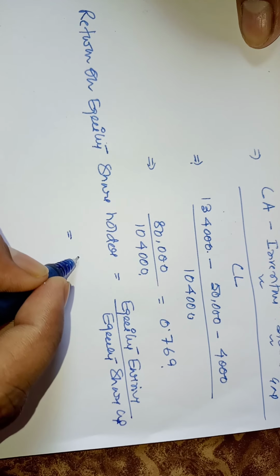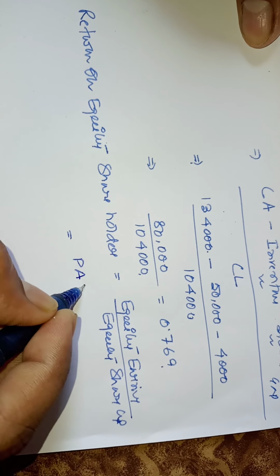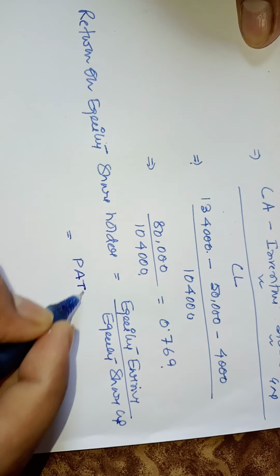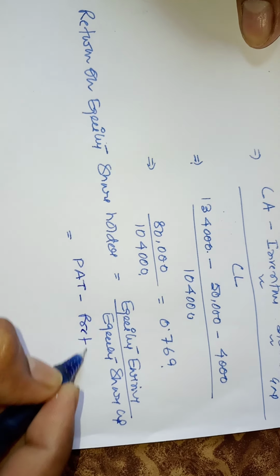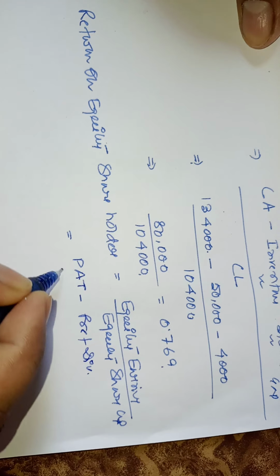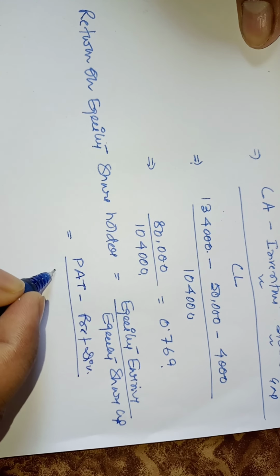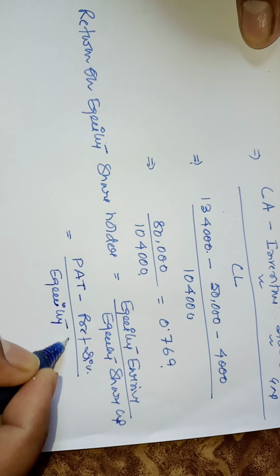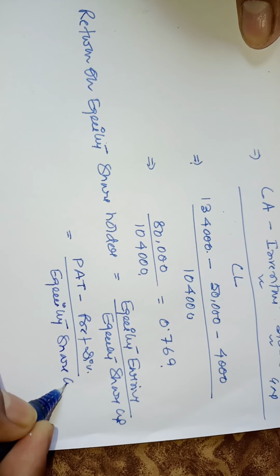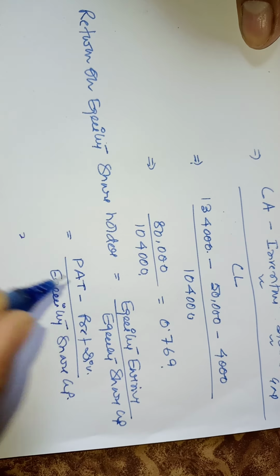Equity earning means profit after tax, we can write as PAT, minus preference dividend, divided by equity share capital. So how much is our PAT?